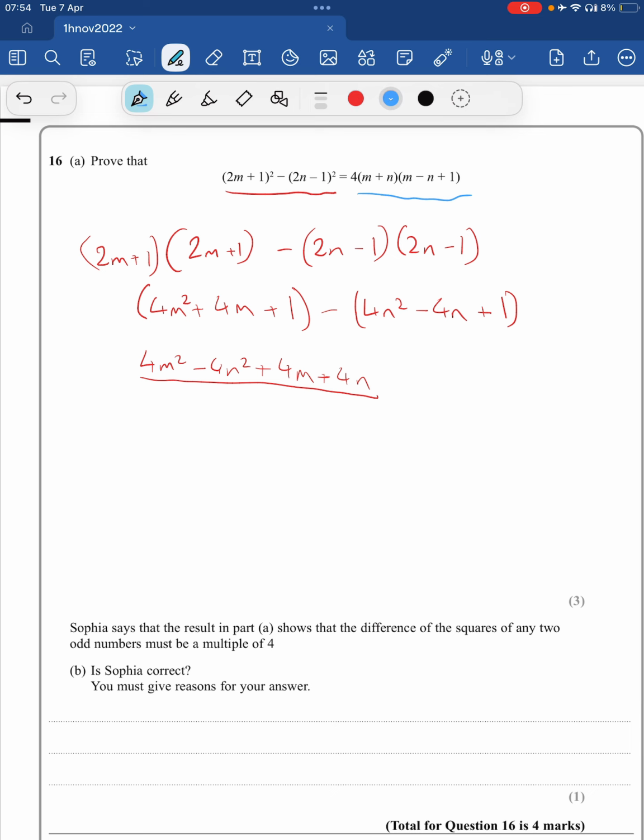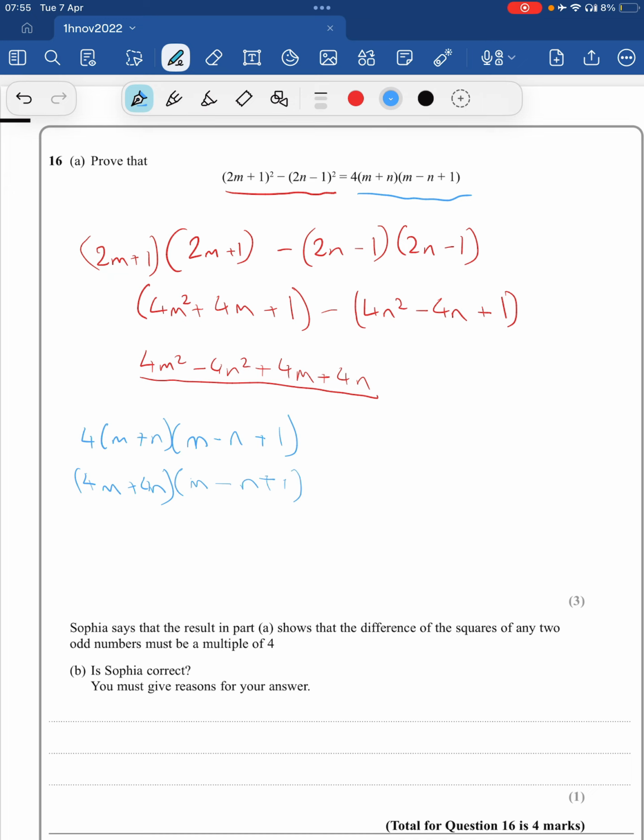Now let's have a go at the other side. So we've got 4m plus n times m minus n plus 1. Well, first thing I'm going to spot is this 4m plus n, so it's going to be 4m plus 4n, times m minus n plus 1.